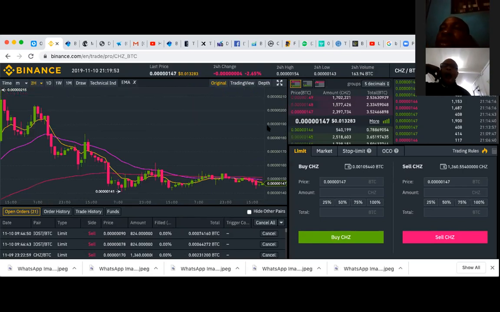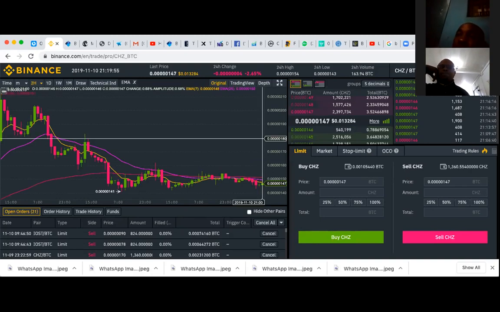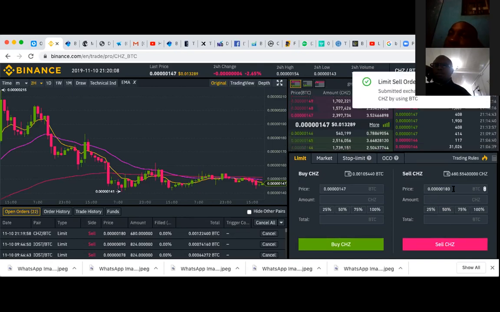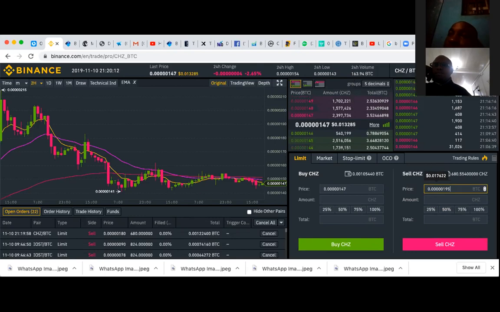Okay, so I can now set my price. I can set my price at 180. I can set one price and say, go here, set at 180. You can say 50% of your coin, sell at 180. And then you go back again and say 192 or 195.